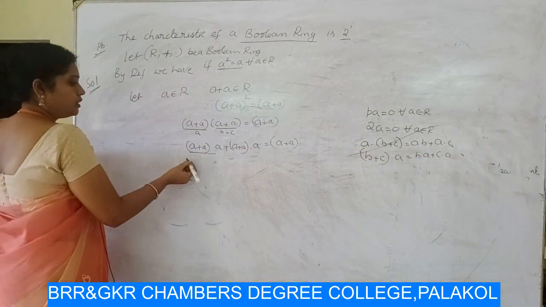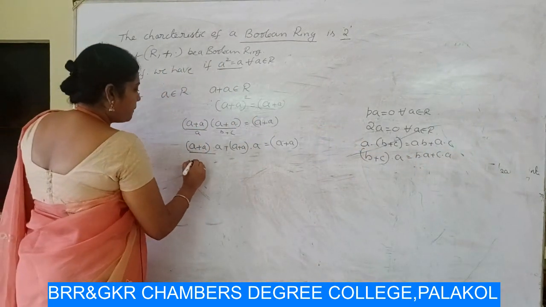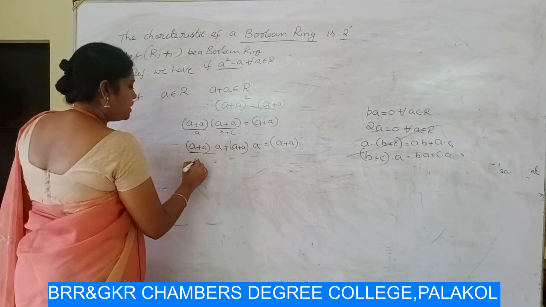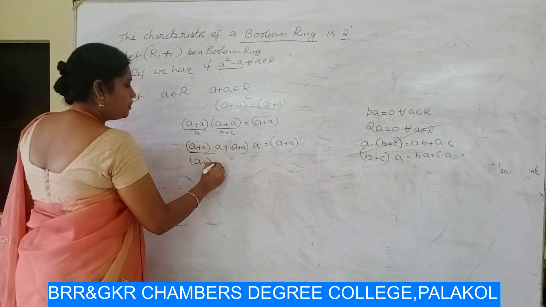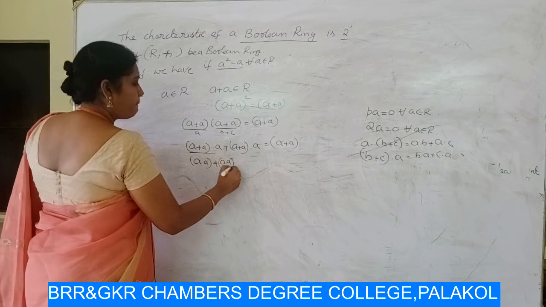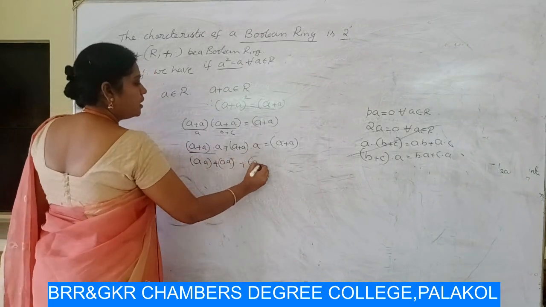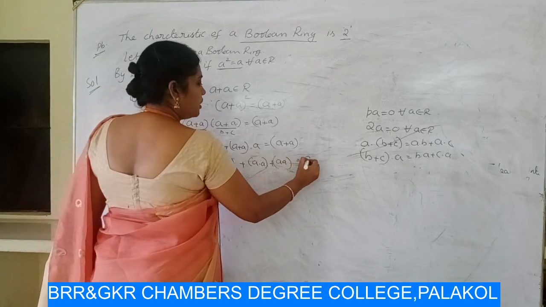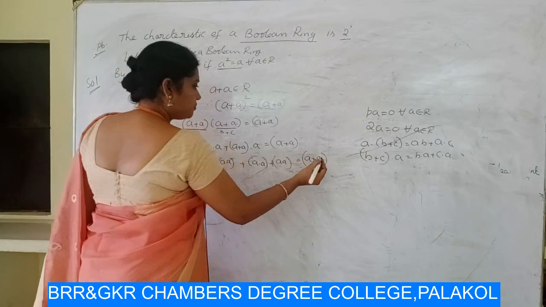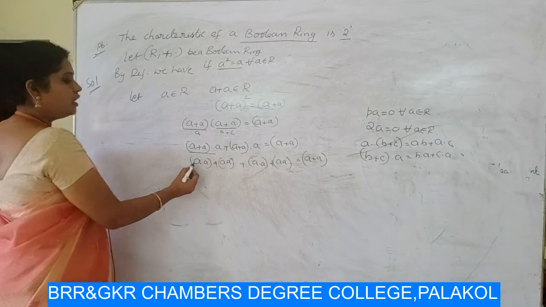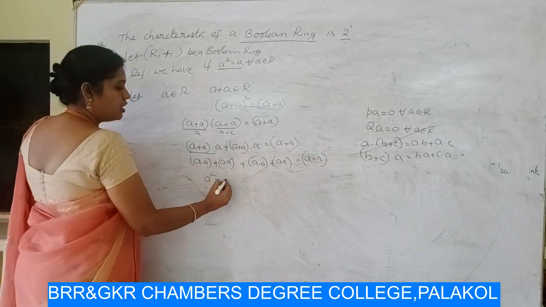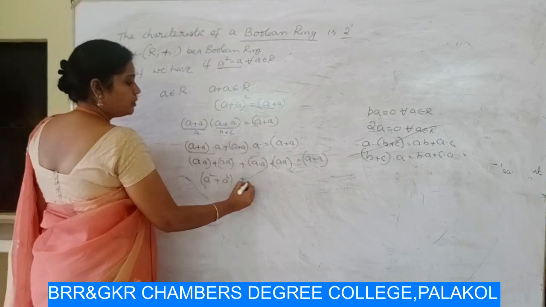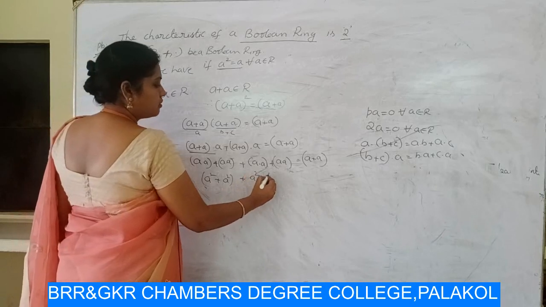Now applying this property to a plus a into a, that is a dot a plus a dot a. Again a dot a into a plus a into a. Here we have a plus a. Now a into a is a square, plus a square, plus a square, plus a square.